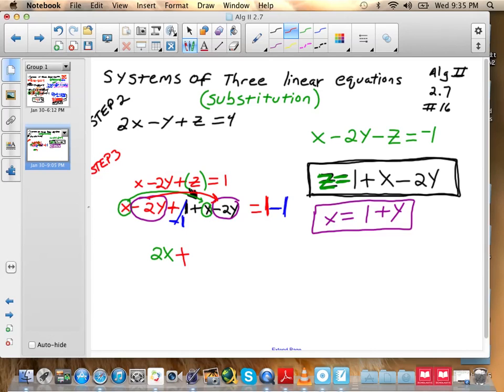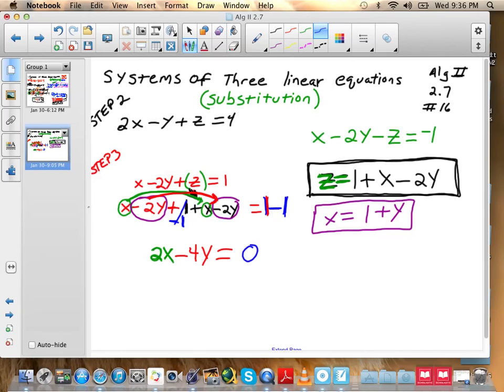Negative 2y, negative 2y. Sorry, I kind of went brain dead for a minute. So going back, my first terms to rehash them real quick: x plus the x gave me my 2x. Okay? And now my negative 2y and my negative 2y gives me a negative 4y equals, and then 1 minus 1 gives me 0.